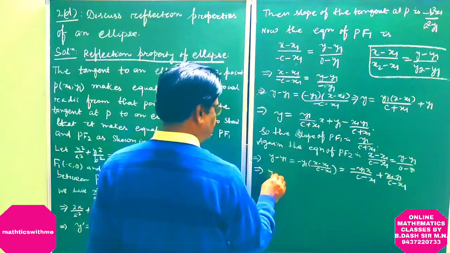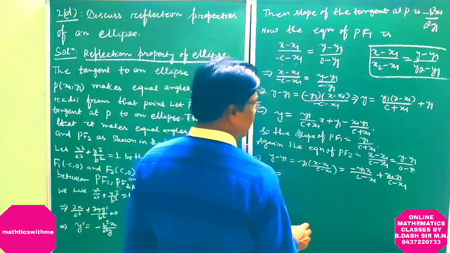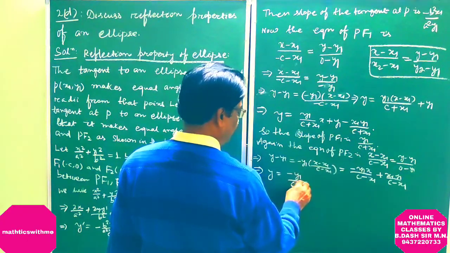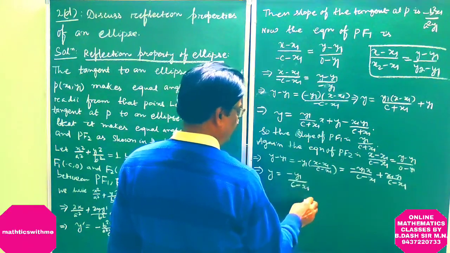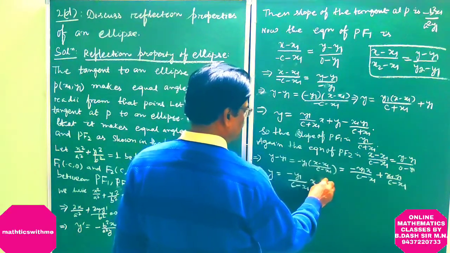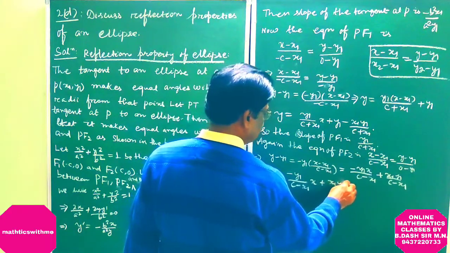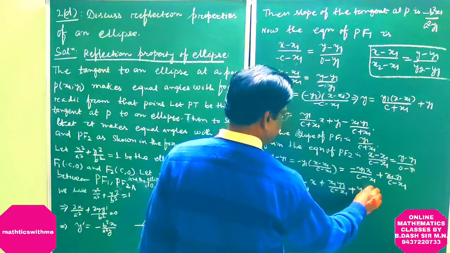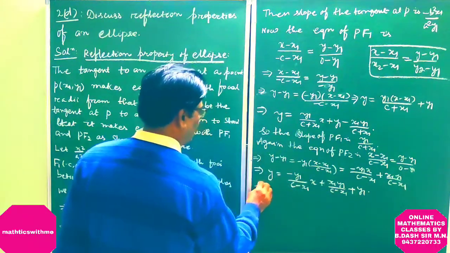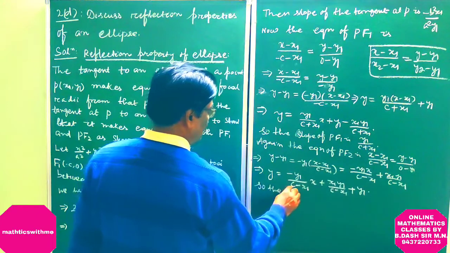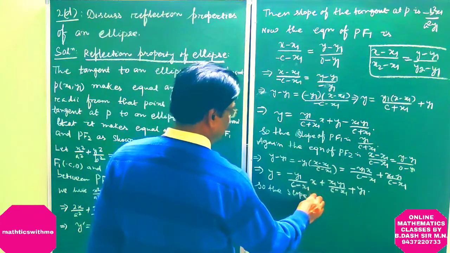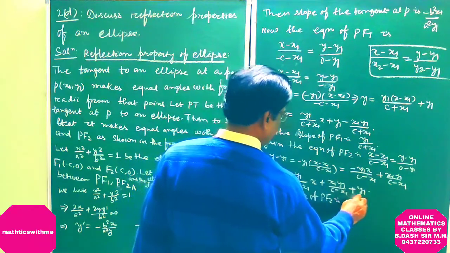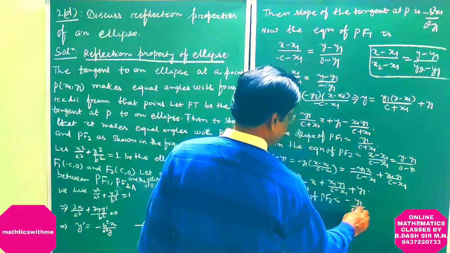This implies y = −(y1/(c − x1))x + x1y1/(c − x1) + y1. So the slope of PF2 is −y1/(c − x1).